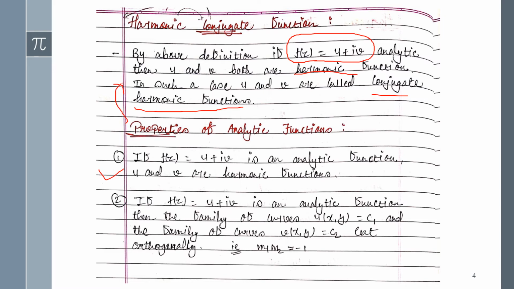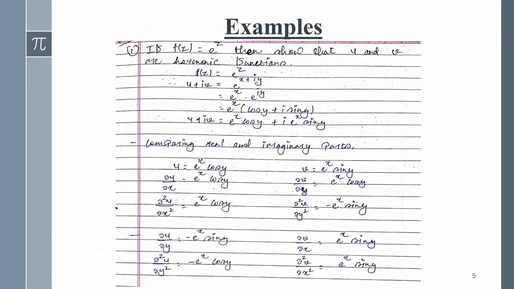Now let's start with the examples, guys. Here it's given examples of harmonic functions, and the equation is given: if f of z equals e raised to z, then show that u and v both are harmonic functions.